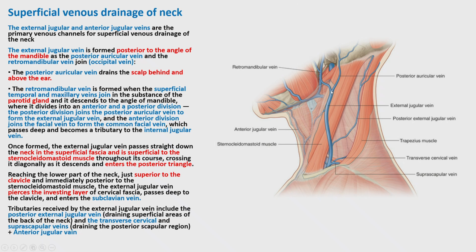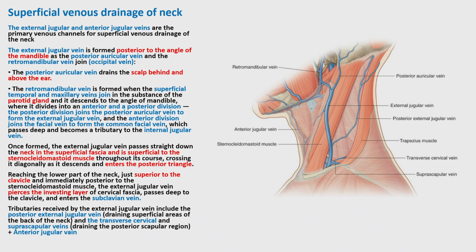So this is the external jugular vein, which is vertically crossing and going over the sternocleidomastoid. And then when it's descending down in the posterior aspect of the sternocleidomastoid muscle, it's piercing the deep fascia, and then finally it drains to the subclavian.